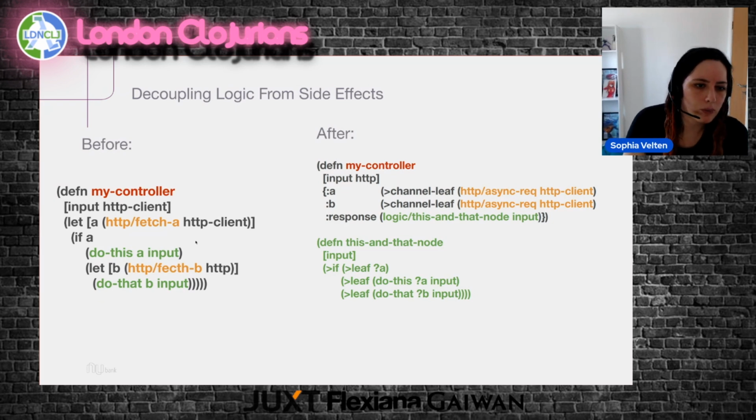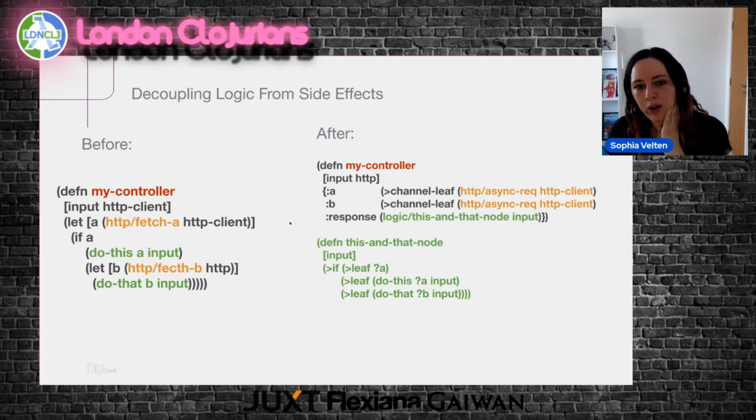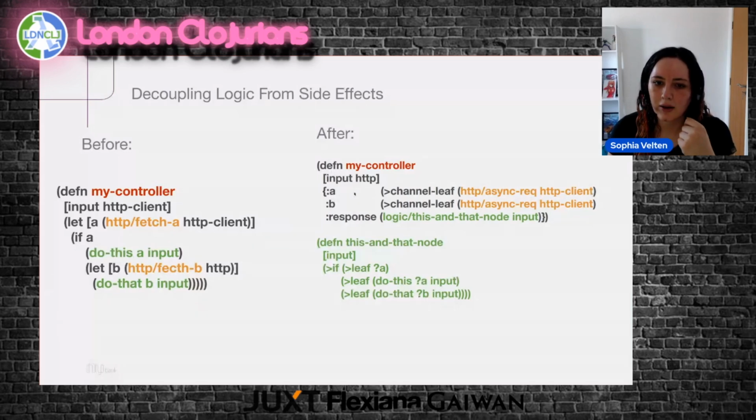So if you do this with Noly instead, you're going to get the thing on the right-hand side. We're going to use a channel leaf here because we want to make an async HTTP request, and so A is one request, B is the other request, and it's missing one parenthesis, but try to ignore that.